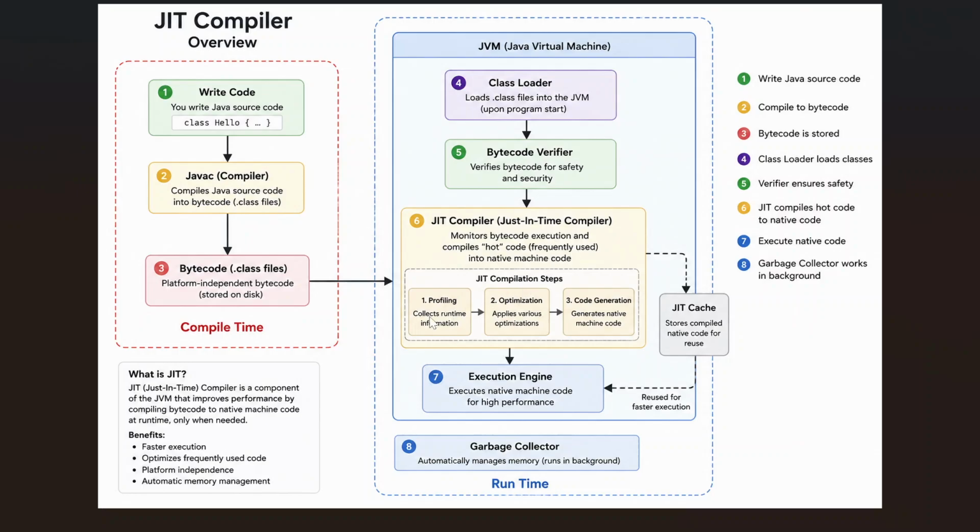It collects that information, does the profiling, tries to optimize, and then generates the native code. If anything needs to be stored, it will store it in a register or a kind of cache so that it speeds up the execution, and you get your machine code in the execution engine. That's where you achieve the high performance.